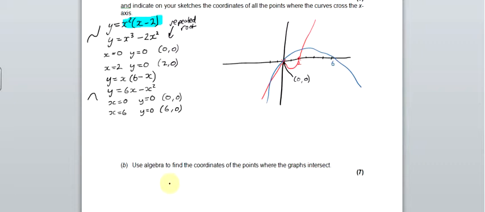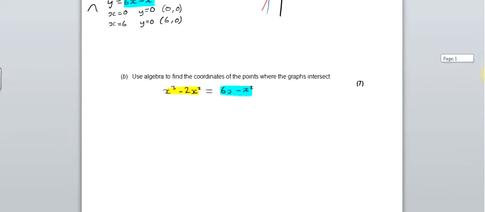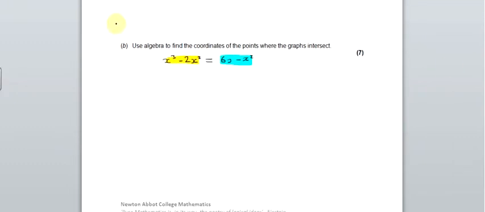You'll notice both equations equal y, so we can just set them equal to each other, and I'm using the multiplied out form, so that's the first one that comes from up here, and then I'm setting that equal to the second one, which was 6x minus x squared, and that one is coming from just here, and we'll go from there. Should be nice and straightforward.